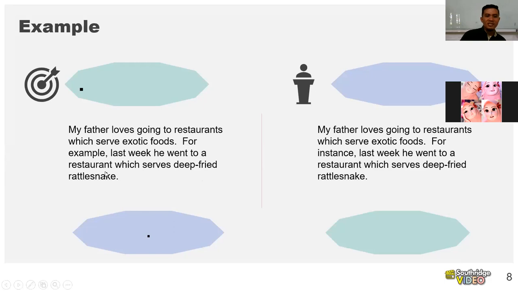Because "for example" is followed by a sentence, not by nouns or phrases, but by an item or detail which consists of a clause. Hope you understand. And then: my father loves going to restaurants which serve exotic food. For instance, and so "for instance" and "for example" are similar. There is no difference in the punctuation.